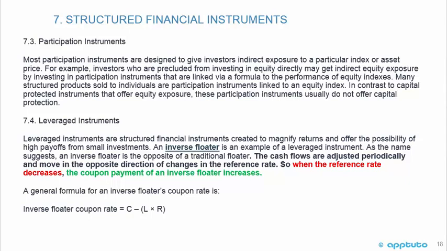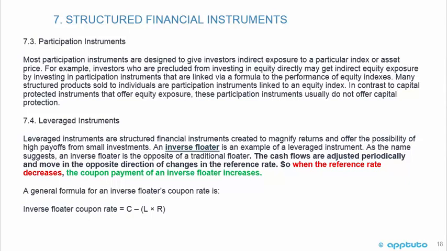The next structured financial instrument that we're going to look at is the leveraged instruments. Leveraged instruments are structured financial instruments created to magnify returns and offer the possibility of high payoffs from small investments. Now this is important in this section. An inverse floater is an example of a leveraged instrument. As the name suggests, an inverse floater is the opposite of a traditional floater.